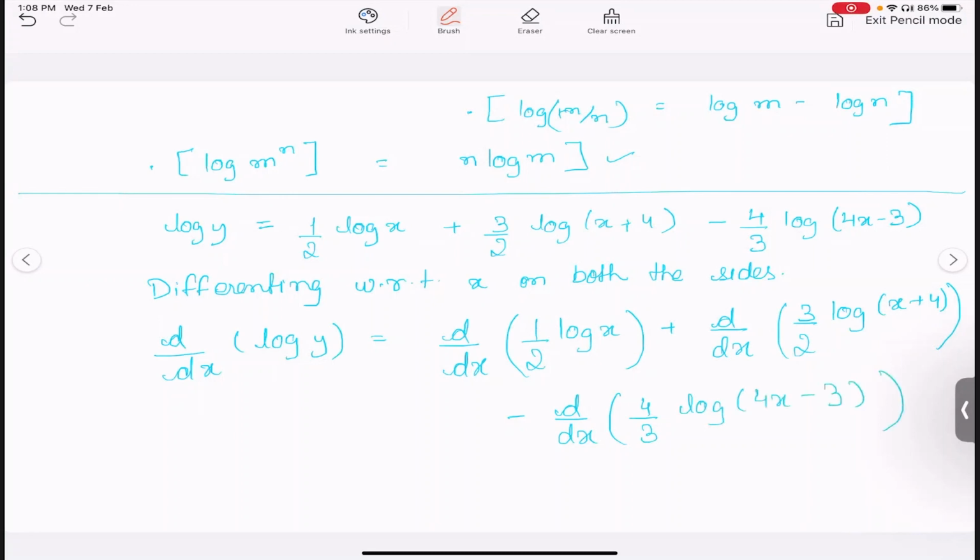Now we have to apply the chain rule here because log y is a function of y. So we take the derivative with respect to y, and then we will write dy by dx.